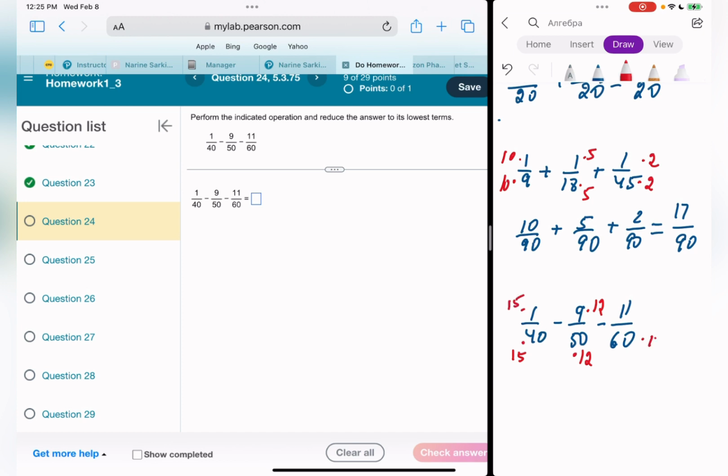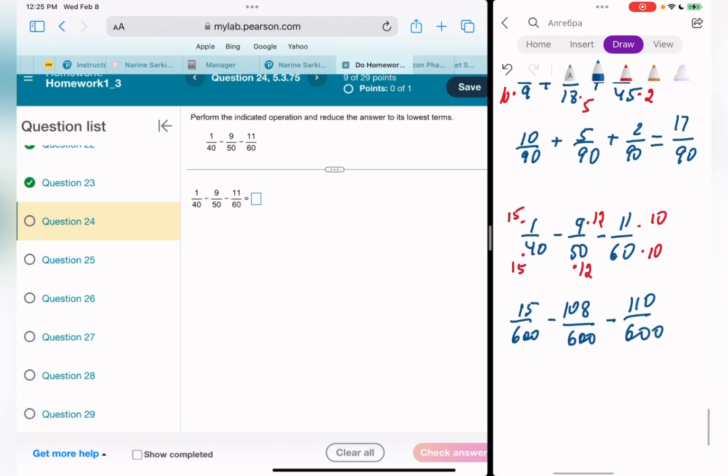And here it will be 10. So we are getting 15 over 600 minus 9 times 12, which is 108, over 600, and minus 110 over 600.